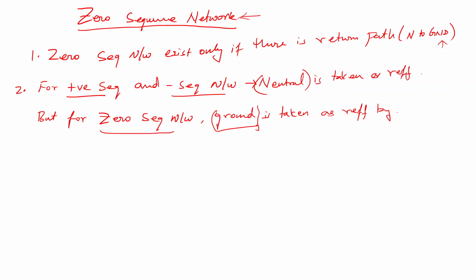In the syllabus of the fourth module, only this part is there, and then small problems on unsymmetrical faults. After understanding the basic concept of sequence networks, and since you already know symmetrical components, with this prerequisite knowledge we will solve the unsymmetrical problem, and then the fourth module is completed.